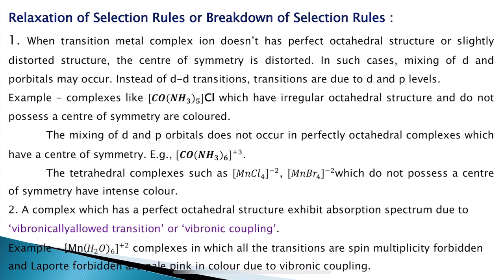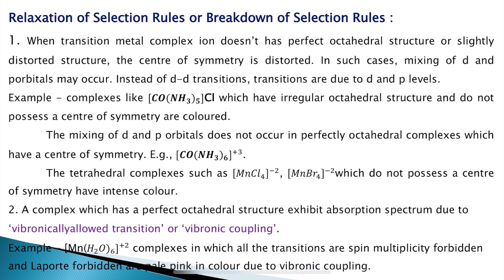What we just discussed, the 2 selection rules, the spin selection rule and the orbital selection rule. Those characteristics have to be fulfilled. If they are fulfilled, such transitions are said to be allowed, and those which do not satisfy these selection rules are called forbidden.